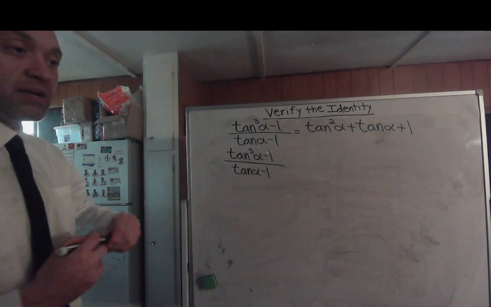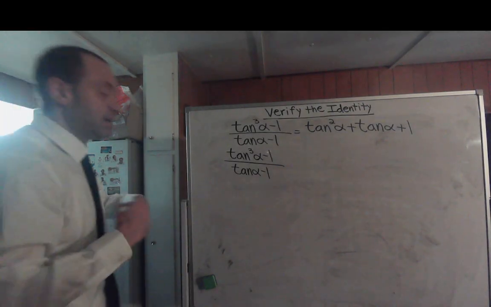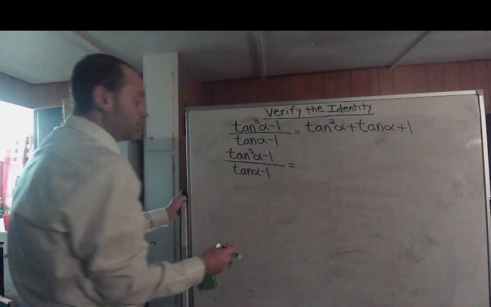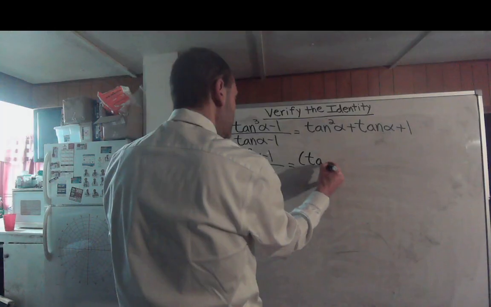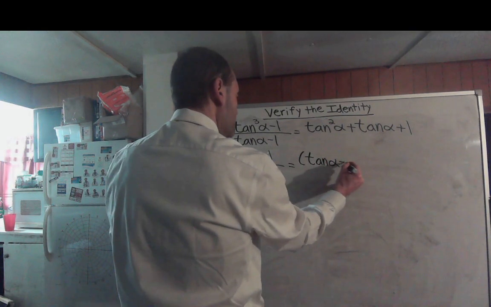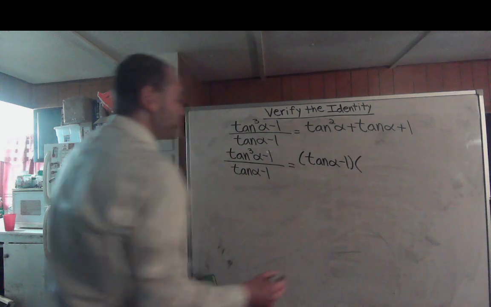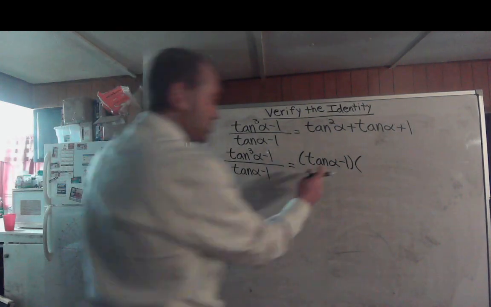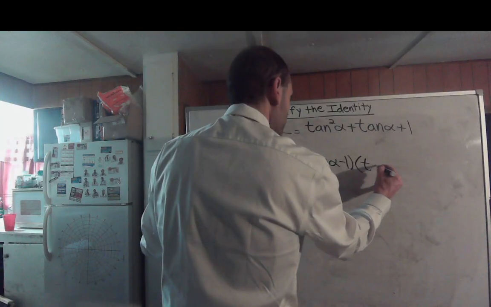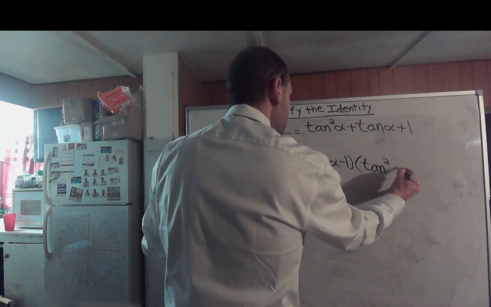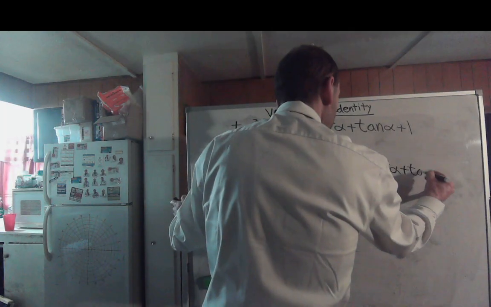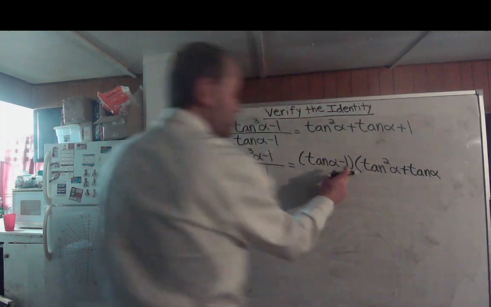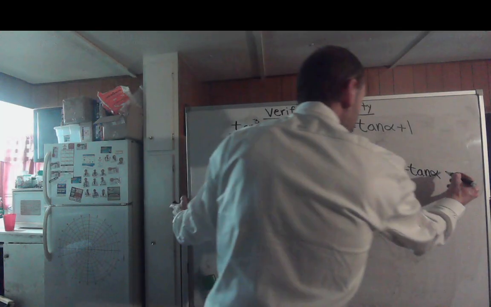Now it's probably been a minute since you factored cubes. How do we do that? Well, take the cube root of both terms, so this would end up being the quantity of the tangent of alpha minus 1. Now, once you have that factor, square your first term, which would be tangent squared of alpha, and then multiply the two terms and negate it, so that would be plus the tangent of alpha, then plus your second term squared, so that would be plus 1.